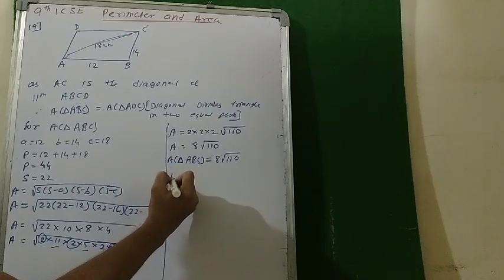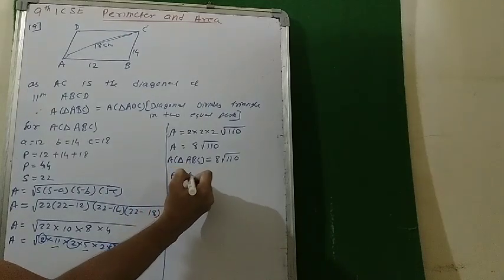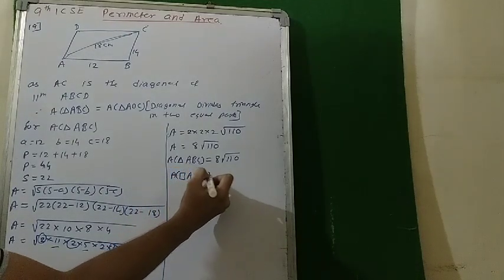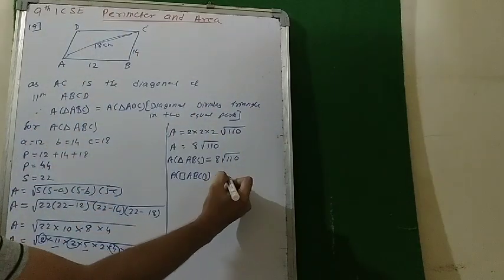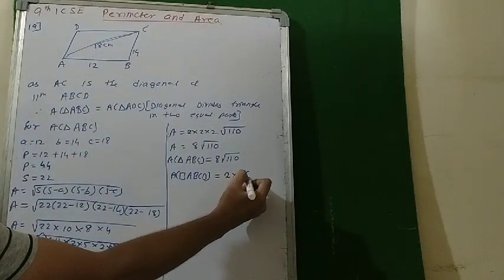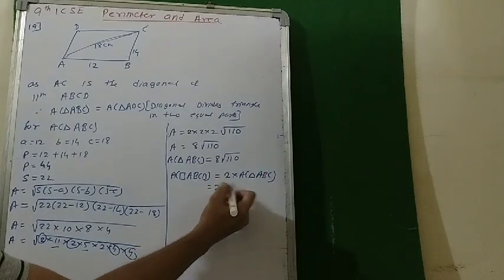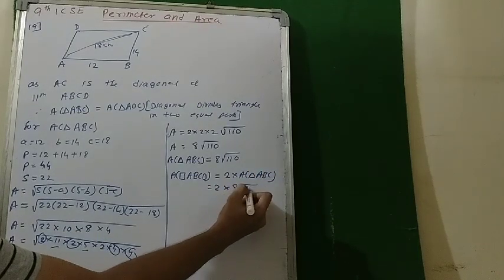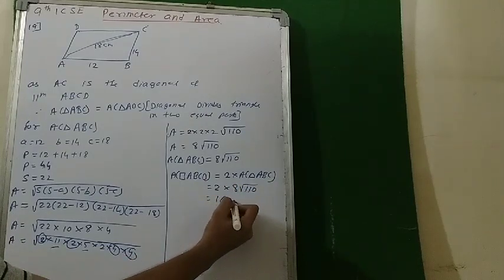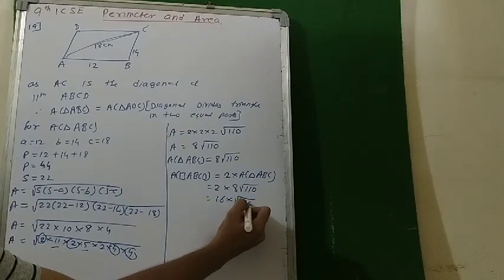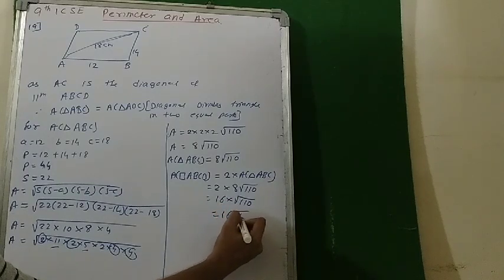So what is the area of quadrilateral ABCD? It's 2 into triangle. What is the triangle? Area of a triangle is 8 into 110, so that is 16 into 110. As of now we don't have the value of 110.